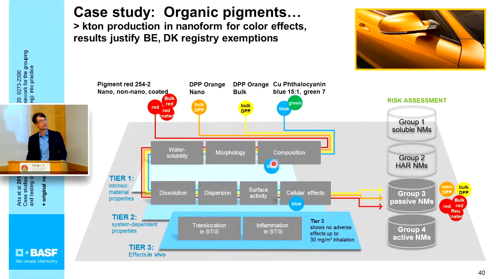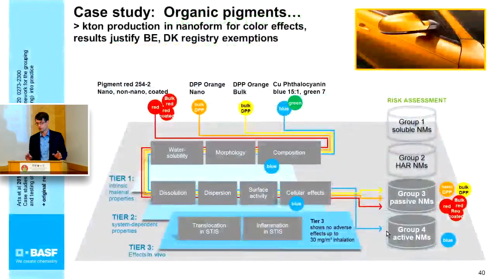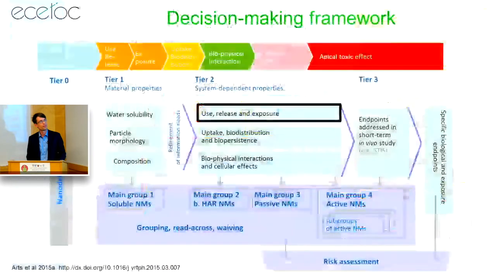And there is something for the blue pigment, which is high enough to put it into the group of active materials. I'm sorry for that, it's this pointer. But it's not confirmed by in vivo, so this would be a false positive assignment. We can live with that. That's just one example. We now go further, and in the nanogravure project, we add many more materials.